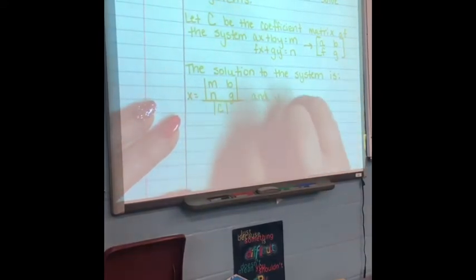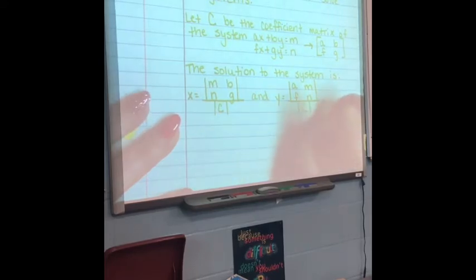And Y is equal to the determinant of A, M, F, N divided by the determinant of the coefficient matrix. All of this can work as long as the determinant of the coefficient matrix is not 0.